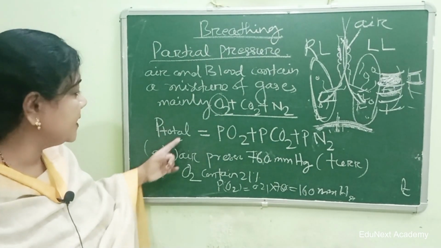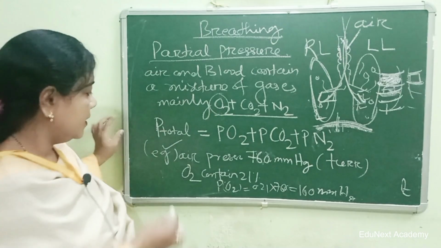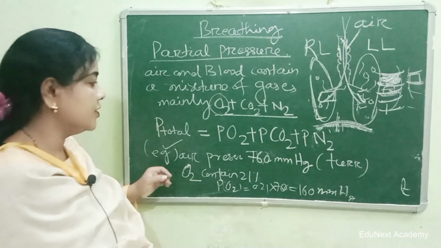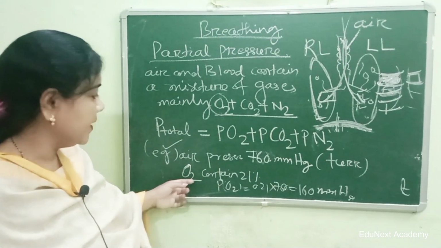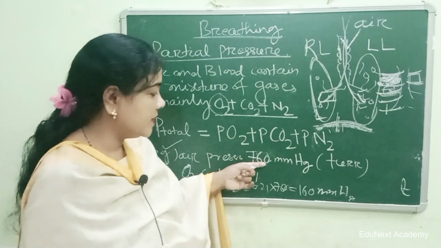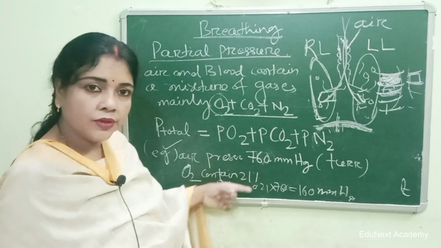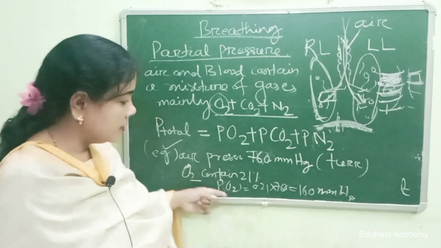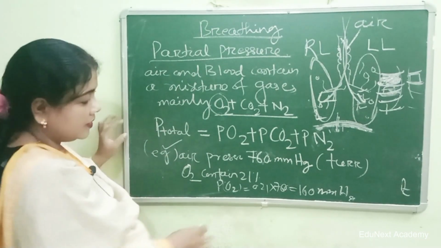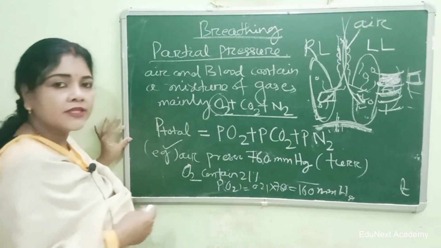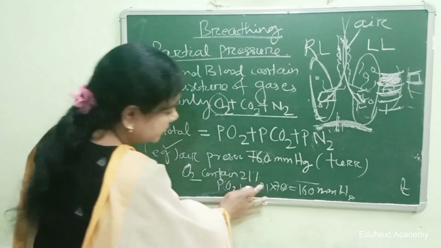For example, it is said that 21% of the total pressure is oxygen. Out of the total pressure, 21% contains oxygen molecules. So how to calculate the partial pressure offered by oxygen? Very simple.